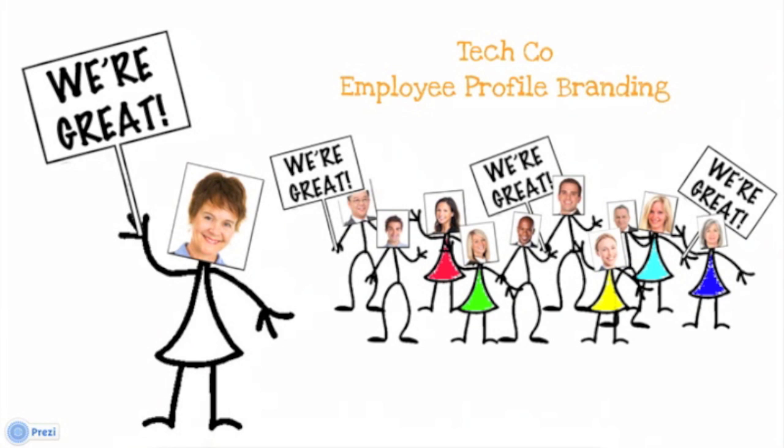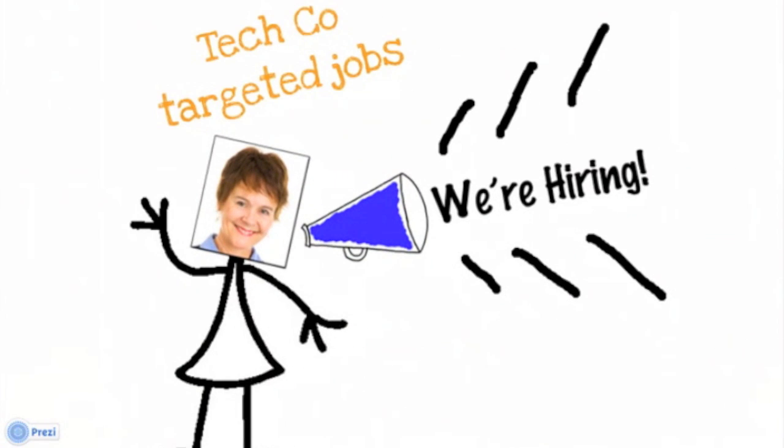And now she grabs all her jobs that are currently open, the stuff that's normally only seen by people actively looking for a new role. And she uses LinkedIn to push those jobs out to all the people she wants to see them, both active and passive candidates. And finally, Mary grabs the bull by the horns. She takes LinkedIn's tools and she goes out and directly talks to the people she wants to hire.